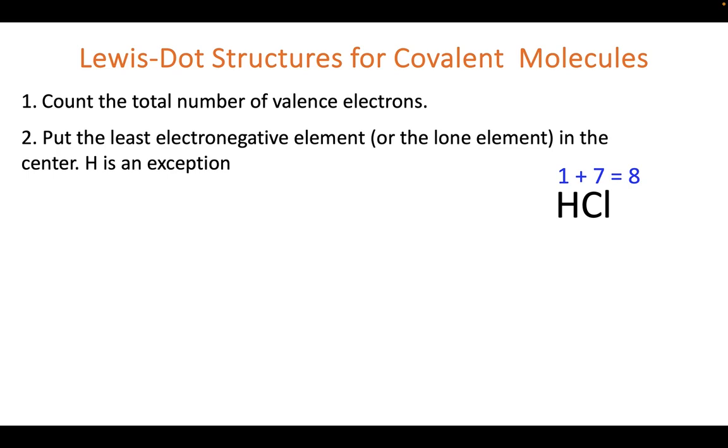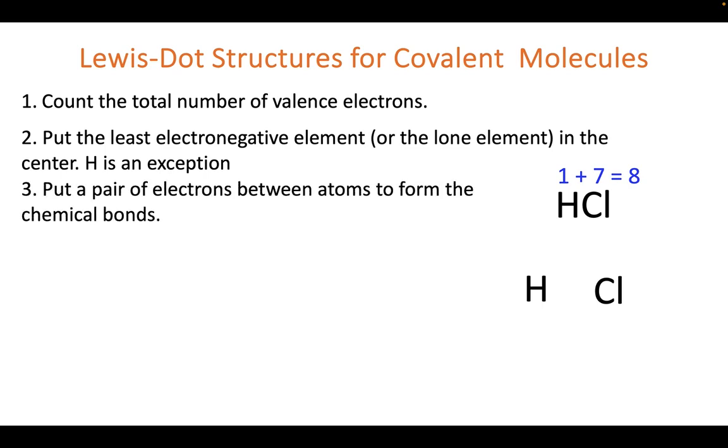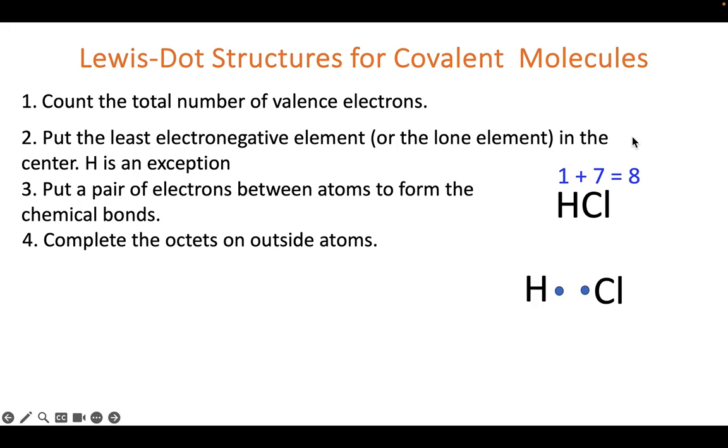Even though hydrogen is less electronegative, it always goes on the outside for all molecules. So here we have hydrogen and chlorine. The third rule is you put a bonding pair of electrons between the two atoms. So you've got to bind them together, right? And then you're going to take all the other electrons. So we have 2 here bonded between H and Cl, but we have a total of 8.